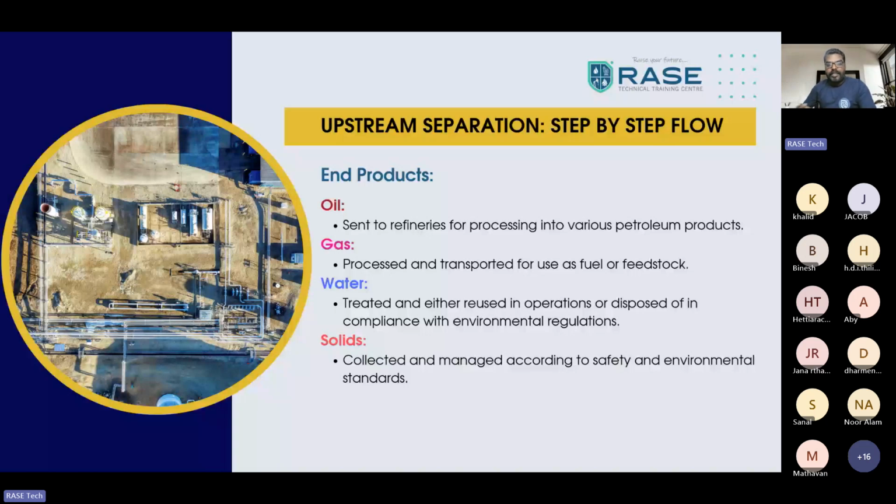Gas is processed and transported for use as fuel or feedstock. Water is treated and either reused for operations or disposed of in compliance with environmental regulations. Solids are collected and managed according to safety and environmental standards. These are the end products, the final stage of upstream separation.